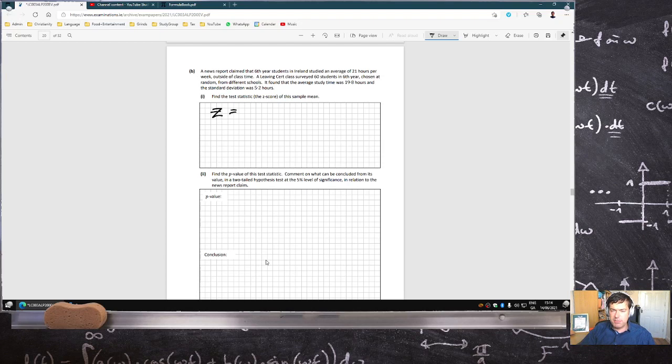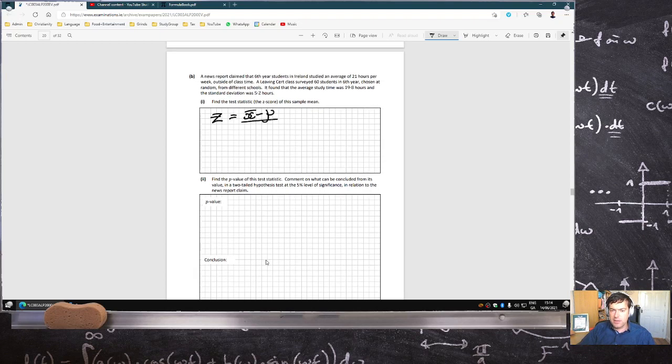So it's the sample mean minus the hypothesized mean over the standard error. So that would be 19.8 minus 21 over 5.2 over root 60.